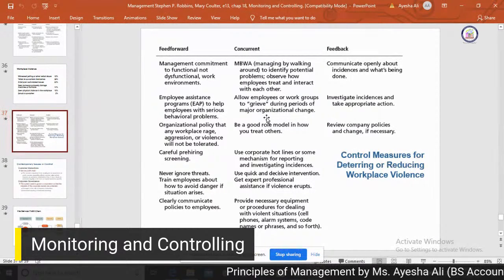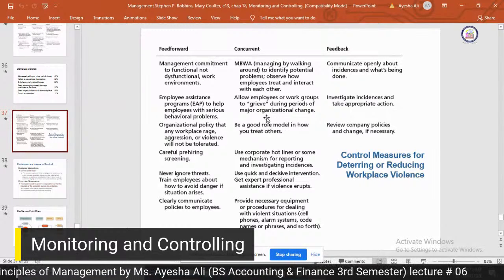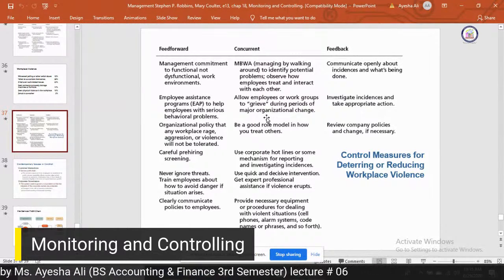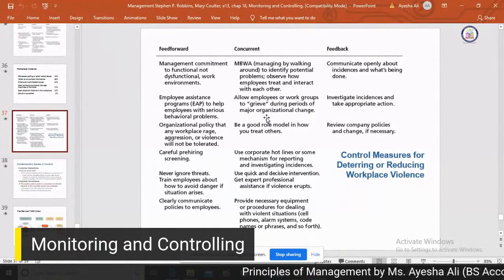We can be a good role model for how to treat others. We can review the policies of the company, whether they are okay, reasonable and fair.